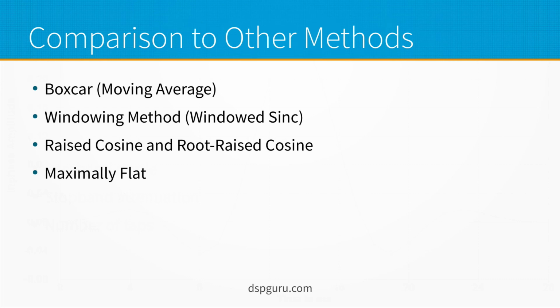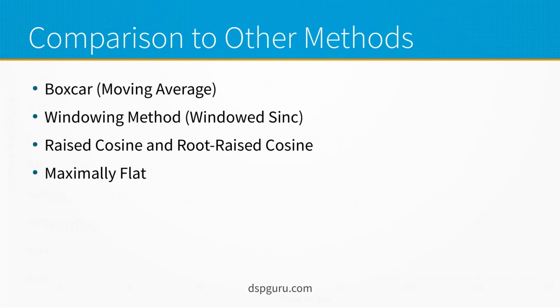Another type is called maximally flat, which has, as the name suggests, a maximally flat passband. And that's in contrast to the Parks-McClellan design, where we're giving our passband some sort of ripple allowance, and we allow the passband to deviate between a positive and negative side of a ripple relative to a desired passband response.